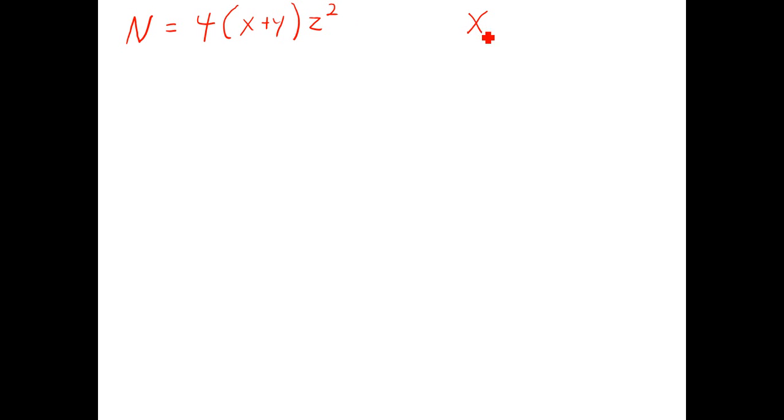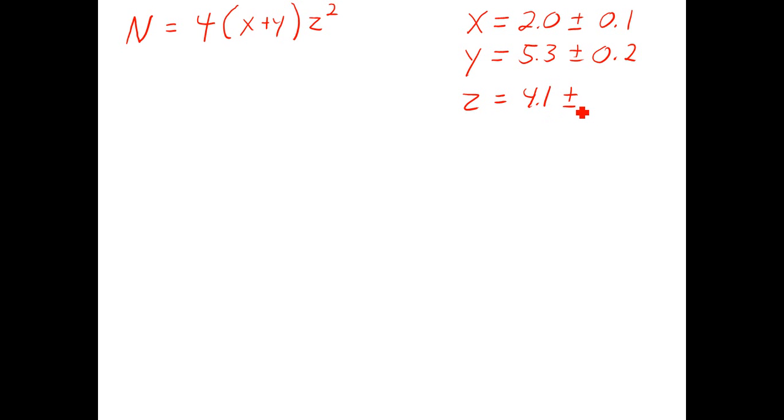So that x you determined was 2.0 plus or minus 0.1. We won't put any units in this stuff today. Suppose y is 5.3 plus or minus 0.2, and that z is equal to 4.1 plus or minus 0.3.